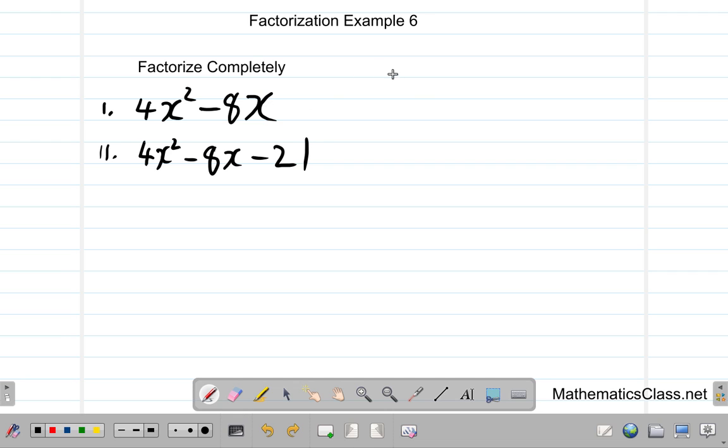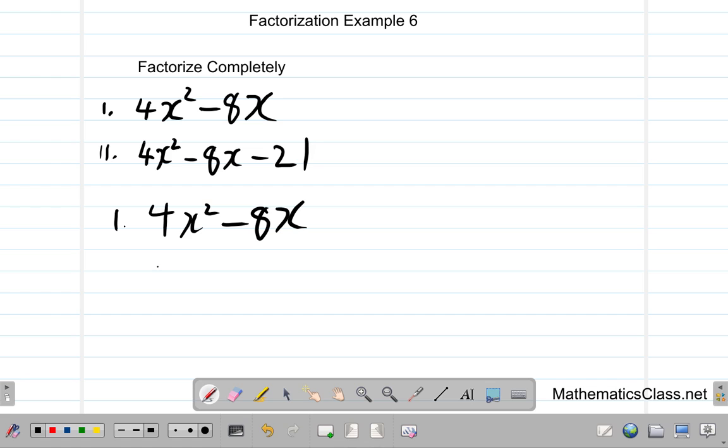We have 4x squared minus 8x. Let's deal with this first. Part 1. Remember, you can identify the common factors here.